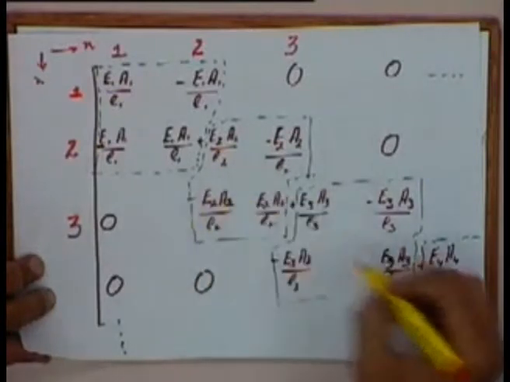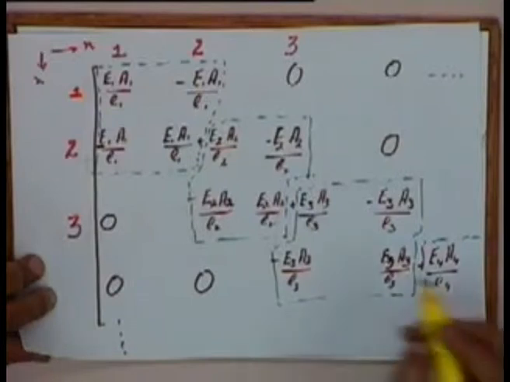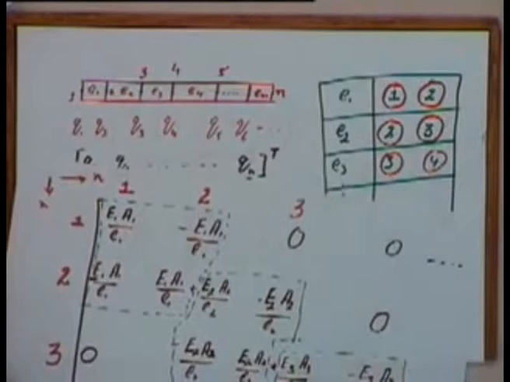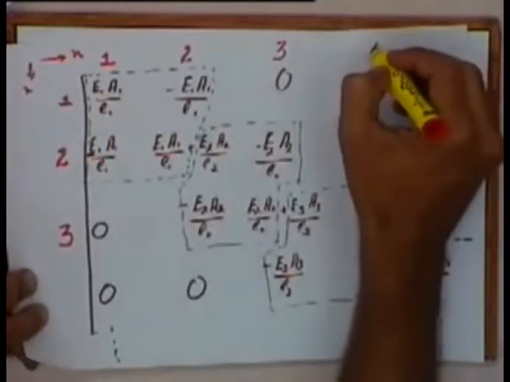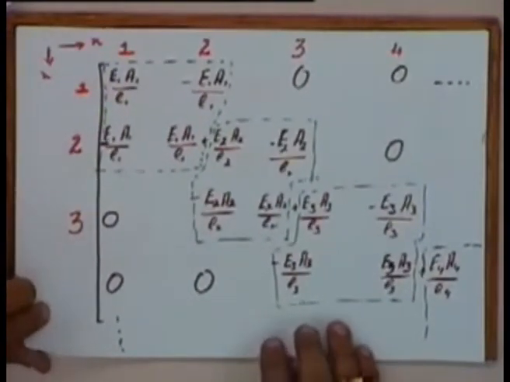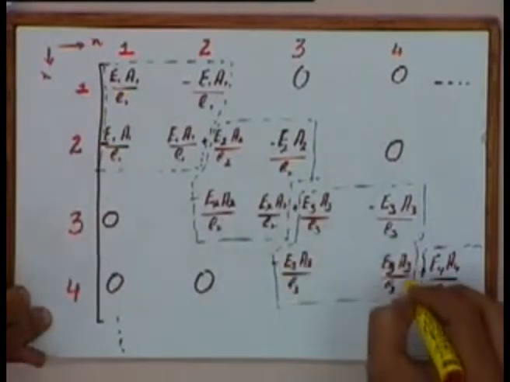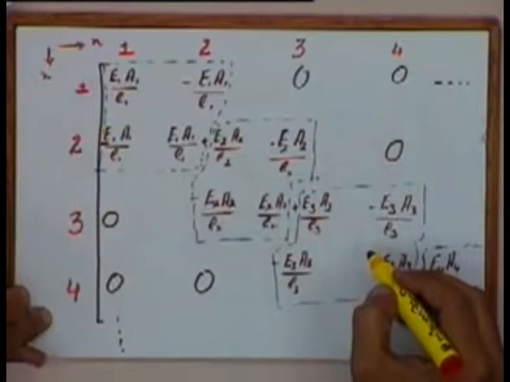And so on, I will take up the third element. The third element is defined between nodes 3 and 4. So I will take locations 3 and 4 of this matrix, and place the four terms for the element stiffness matrix for element number 3.